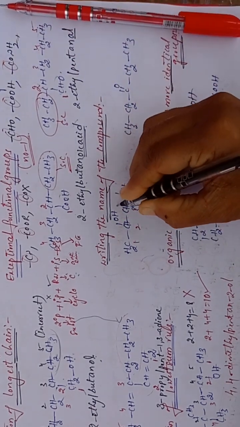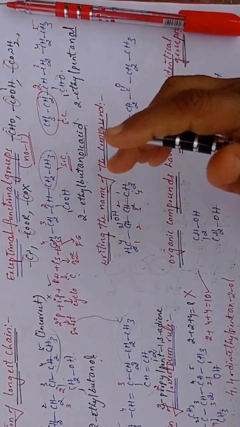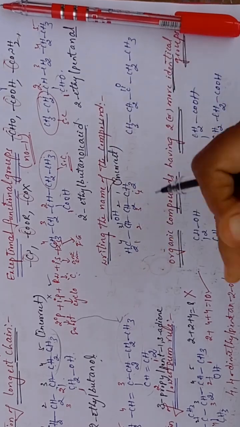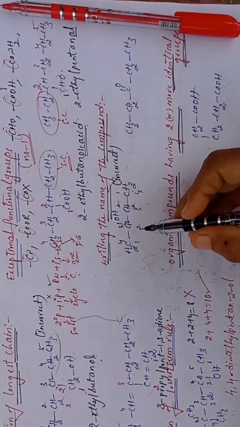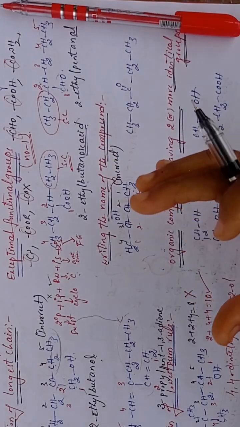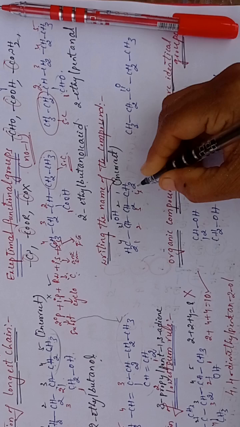So that's why this is the incorrect order. We have to select the one where the functional group gets the least number, and that one we select as the parent chain. So left to right is the correct one, students.